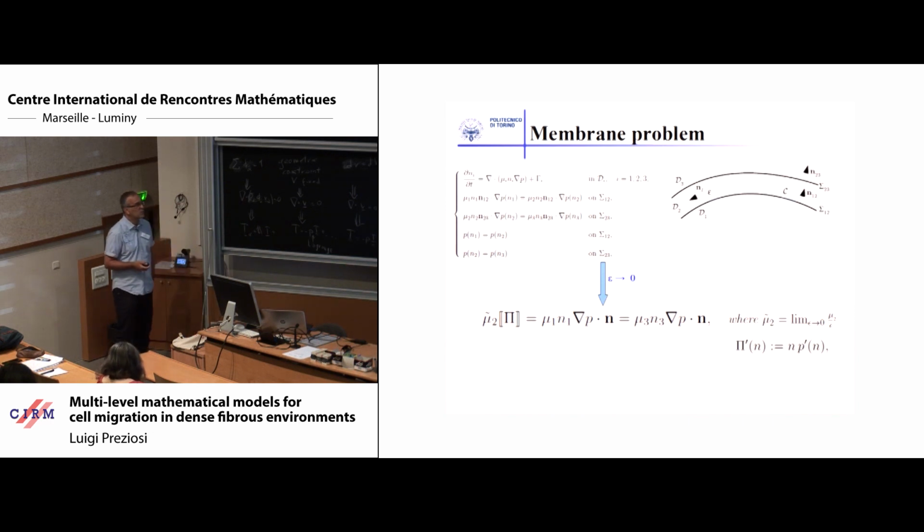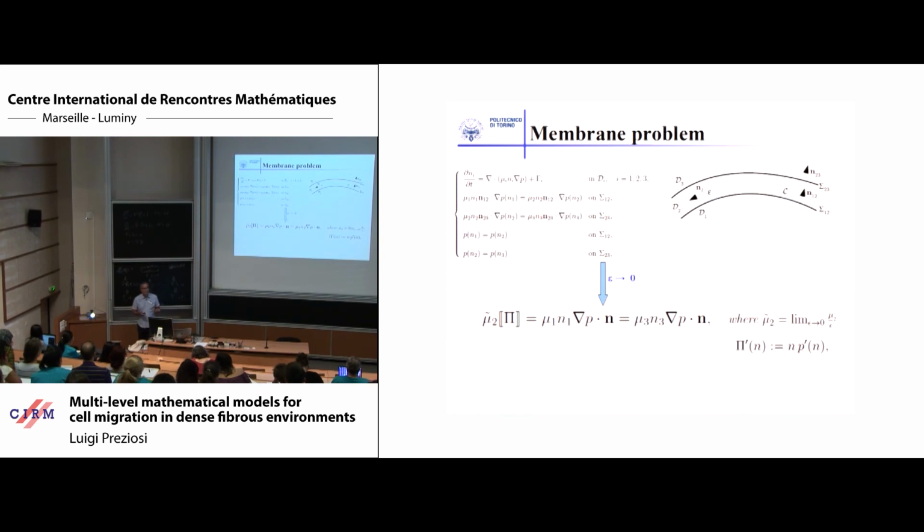This is a strange equation in the sense that this part here is classical, in the sense that you recover the continuity of fluxes. Of course, if you are squeezing this thick layer to a thin membrane, what is coming out of the membrane is going into the other domain.